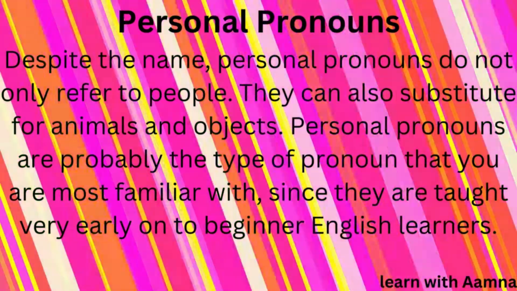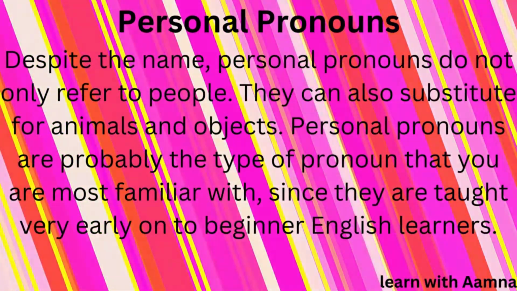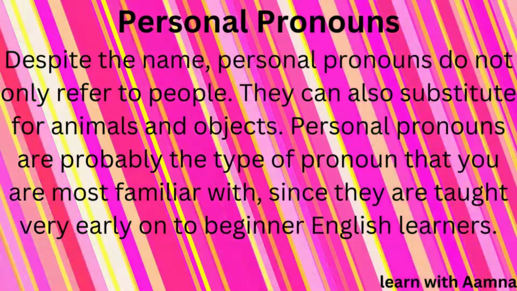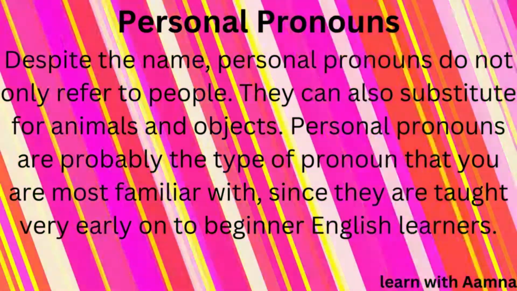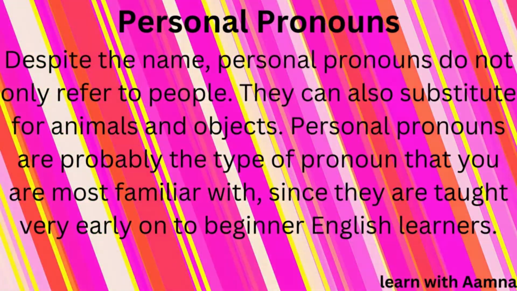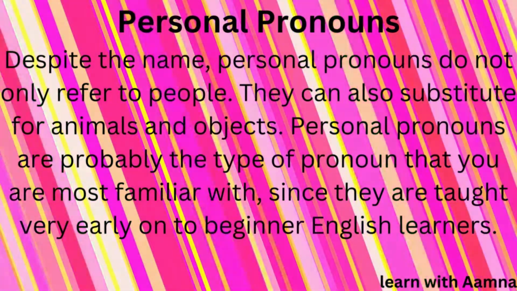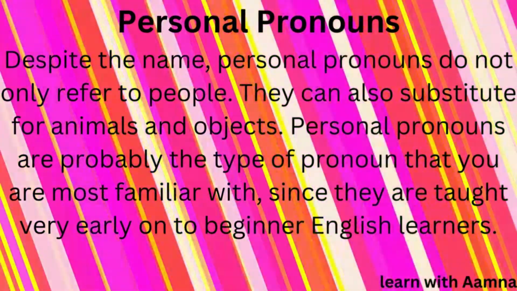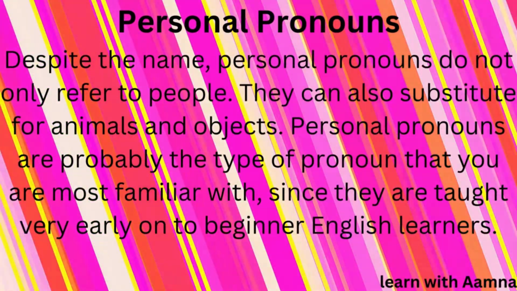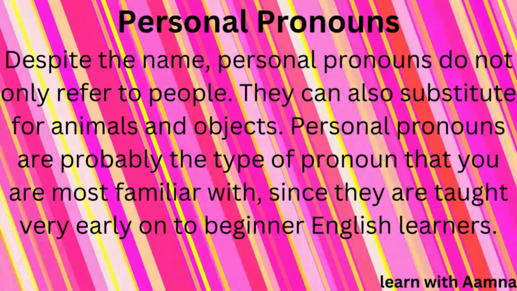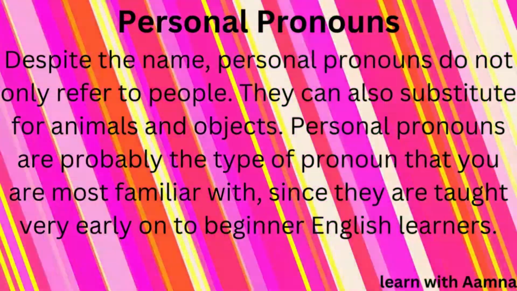Indirect objects answer the question to whom or for what. And the third type, prepositional objects, are objects that are governed by a preposition. So this is how you are going to learn the 2 types of personal pronouns.